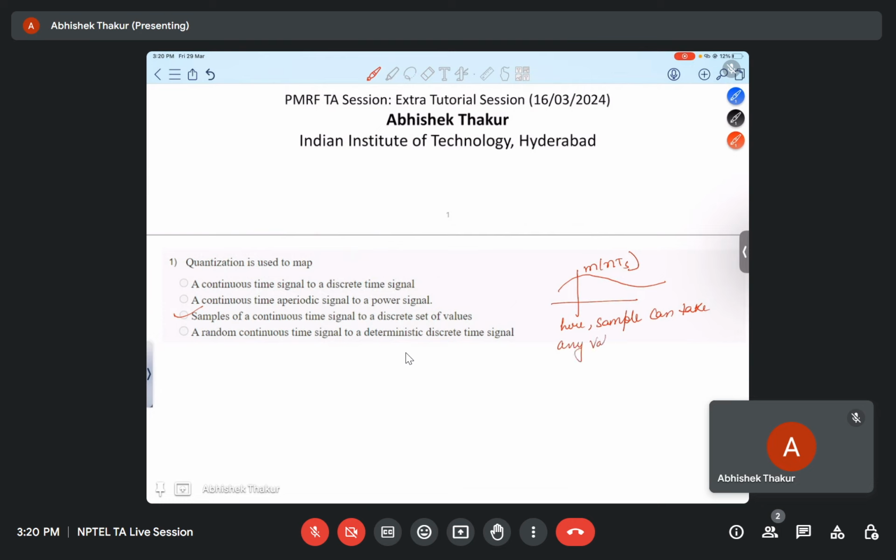This is a continuous sample that can take any continuous values, so here the quantization will help in mapping these samples to a discrete set of values. This is termed as quantization.